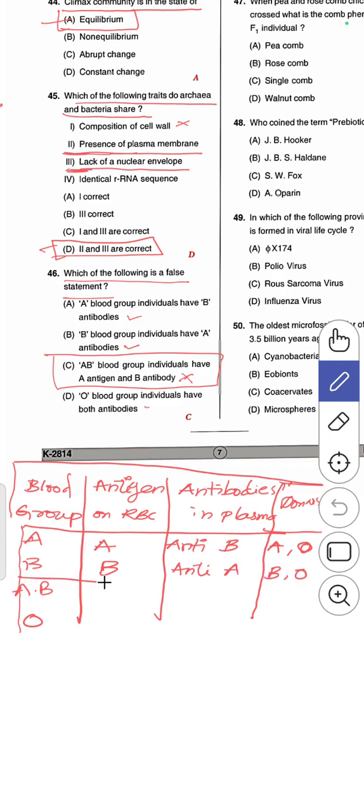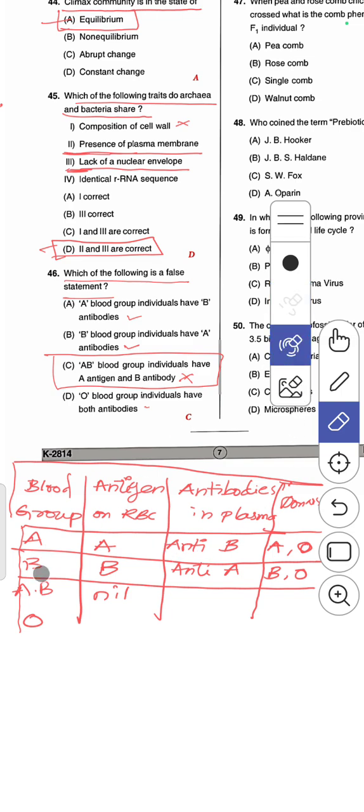Then AB blood group. Sorry, I will make a little correction here.